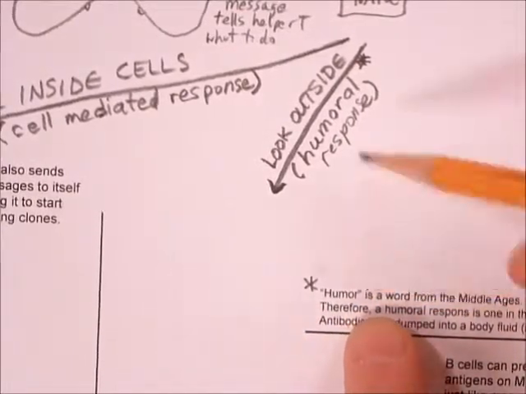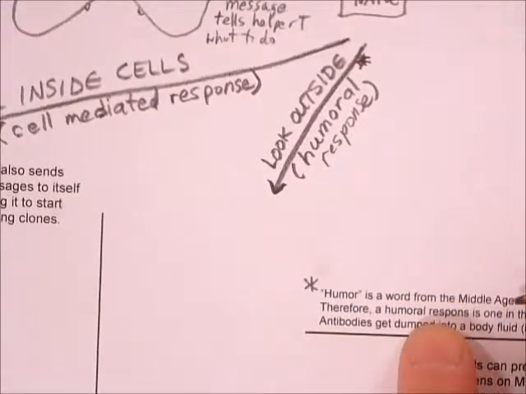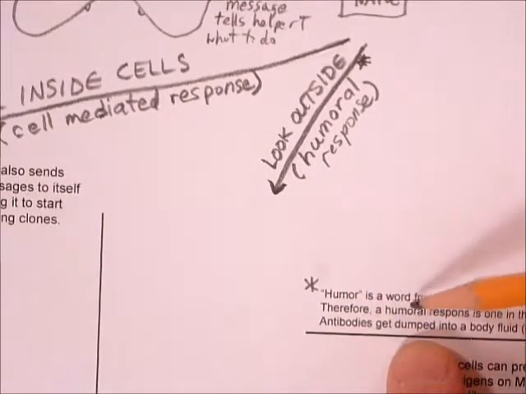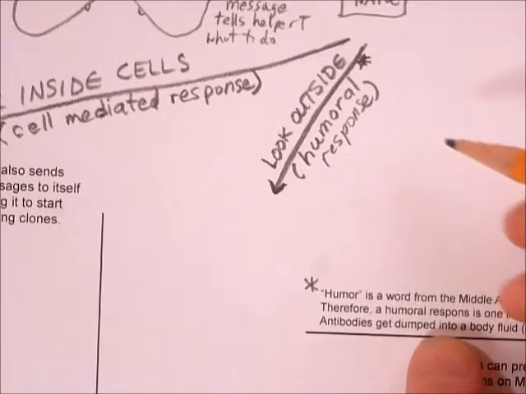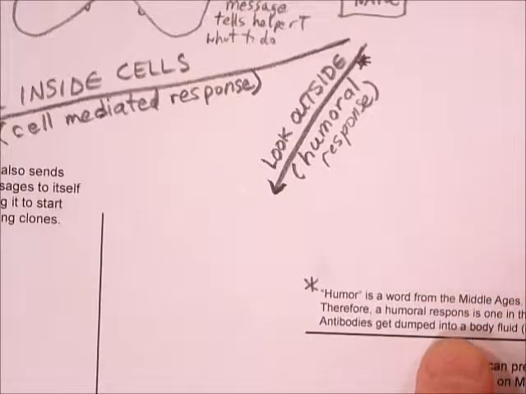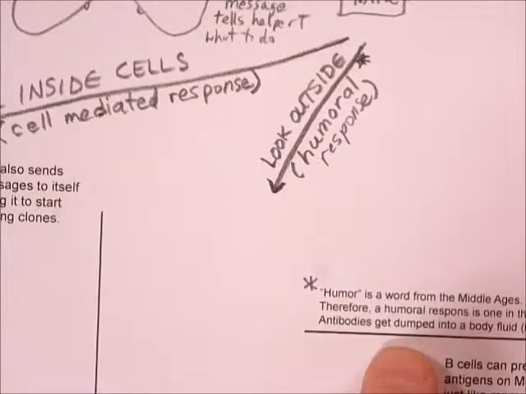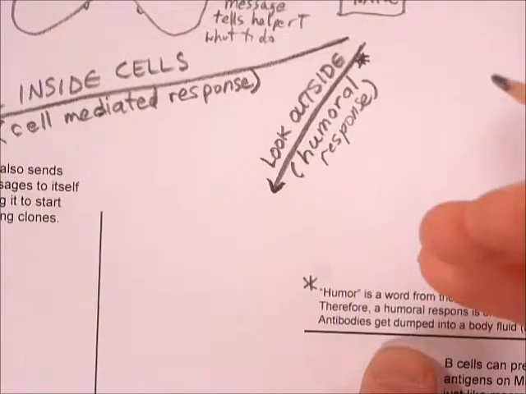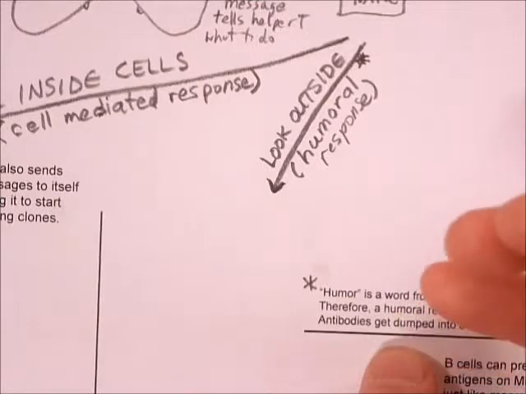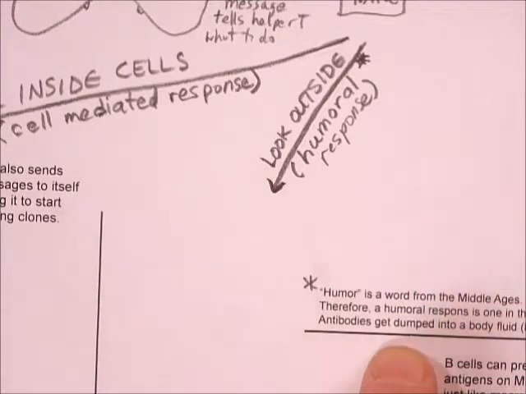Humor is a word from the Middle Ages. It means body fluid. Therefore, a humoral response is one in the body fluids. And if you know anything about history, they had this theory of body fluids that you had the four fluids. You had blood was one of your fluids. Phlegm was a fluid because, you know, it's the stuff you cough up.